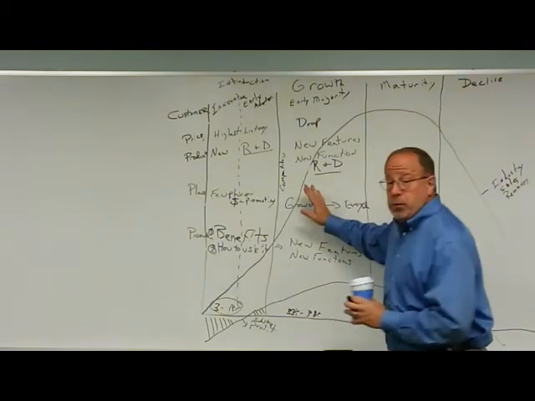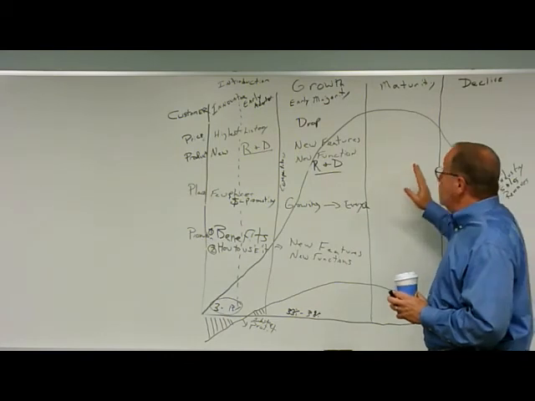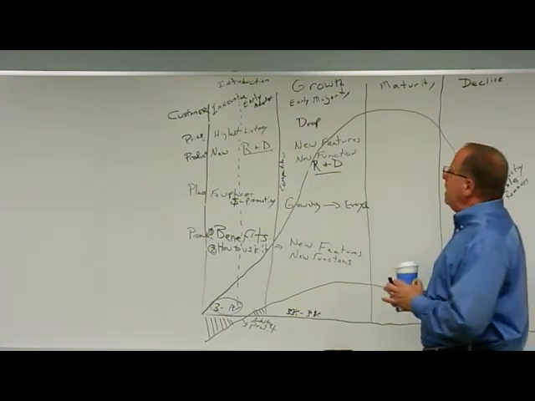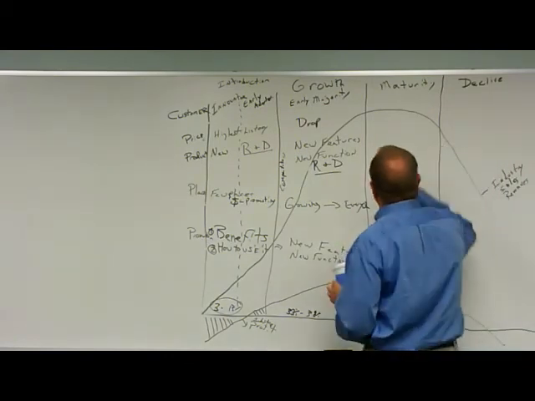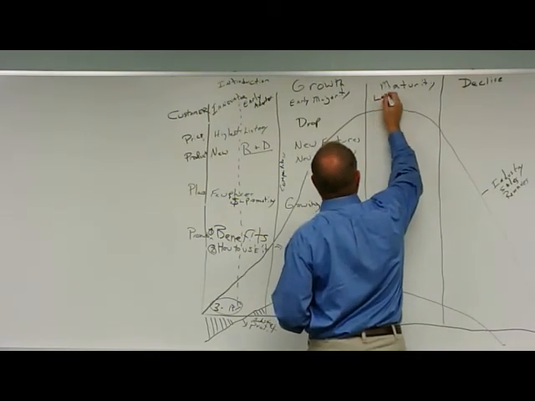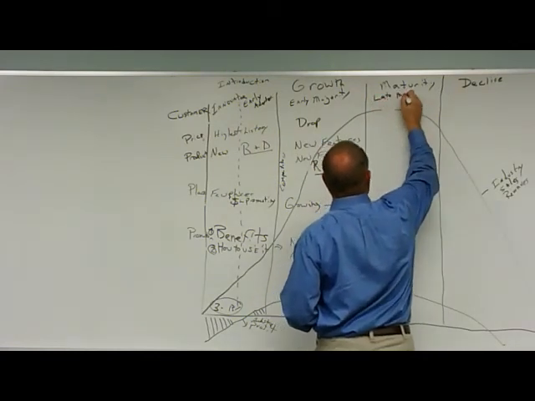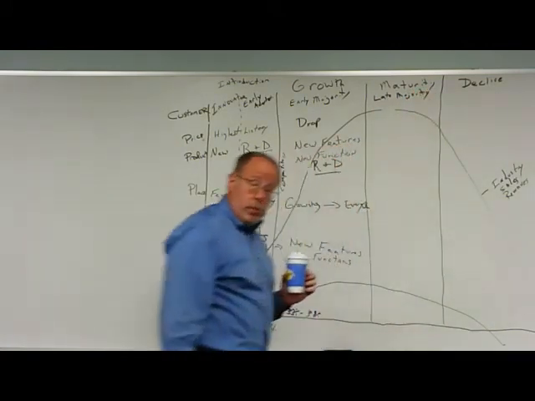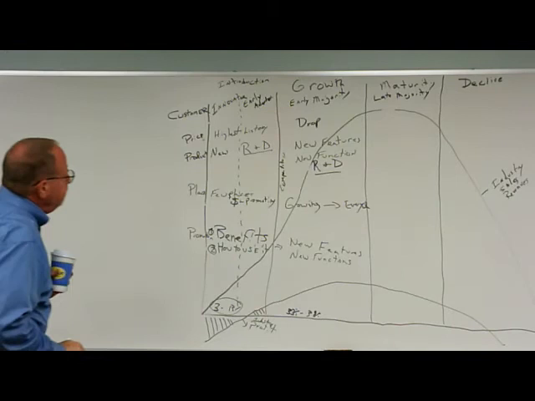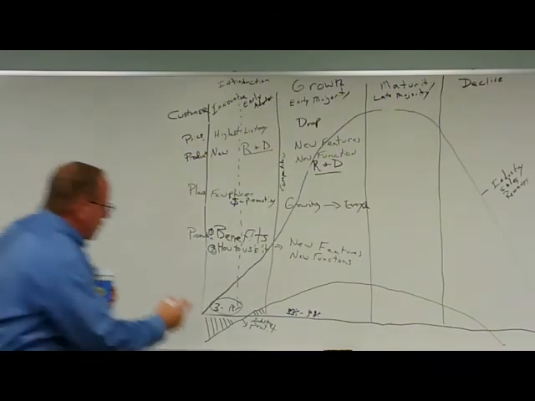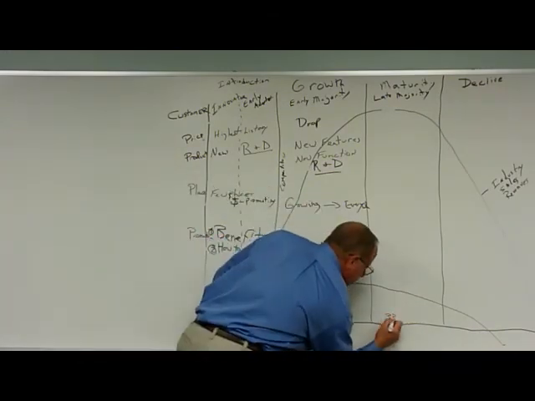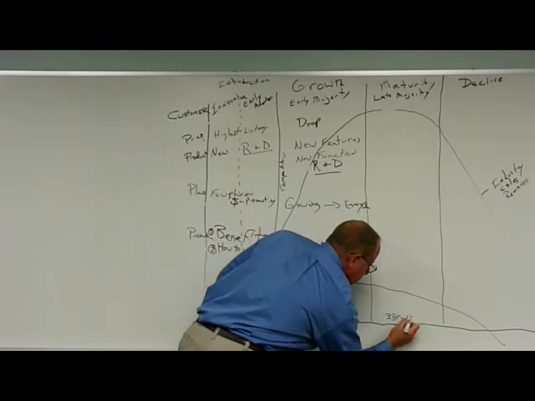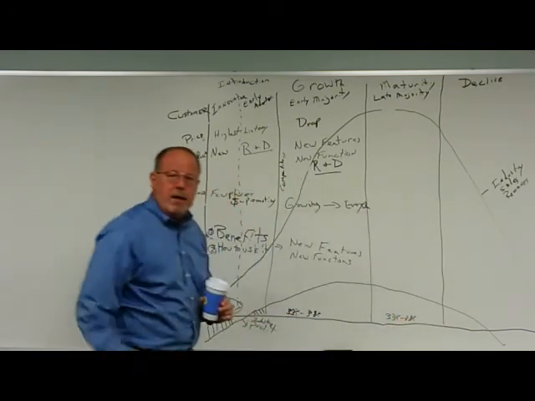So then we move from the growth phase over here to the maturity phase. And in the maturity phase, the customer is the late majority. The late majority. So here, the customers, 33% to 38%, everyone who's going to buy is there.